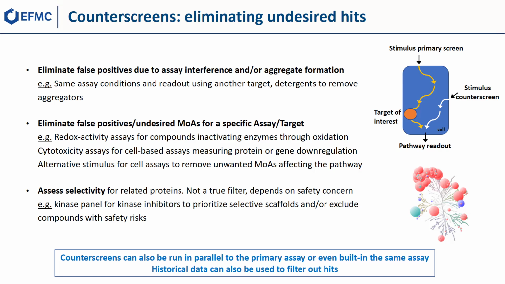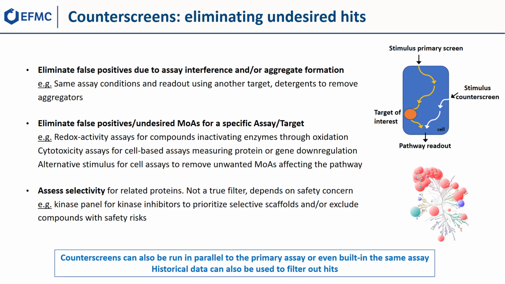If you're running a cellular assay, it's almost a must to run a cytotoxicity readout. If your assay measures protein or gene downregulation in particular, cell death will actually lead to the same effect. And of course, you don't want to have a cytotoxic compound. You can also use, and this is illustrated on the upper right, an alternative stimulus for cell assays to remove unwanted modes of action.